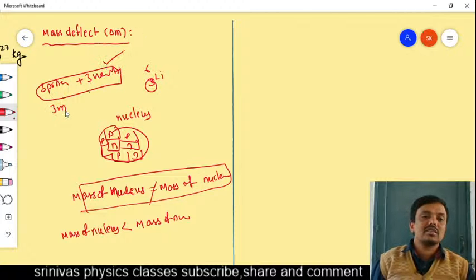If you add the mass of 3 protons and 3 neutrons, you should get the lithium nucleus mass. Mass of protons plus mass of neutrons should be equal to mass of nucleus. But in practice, the mass of nucleus is less than the mass of nucleons.